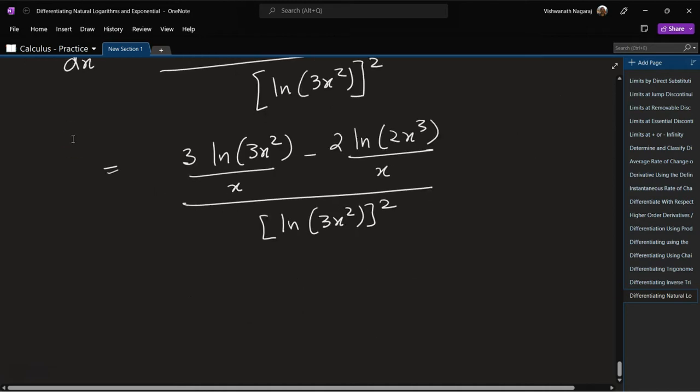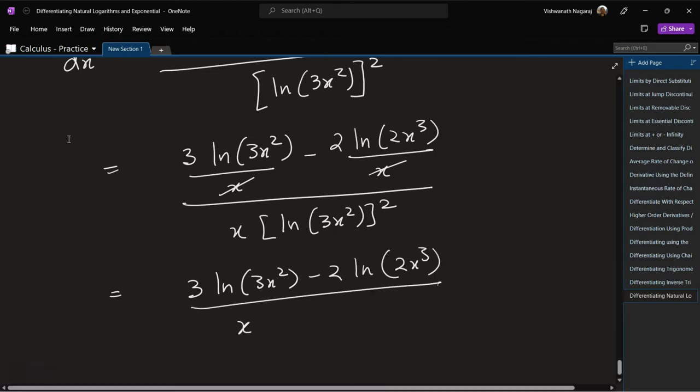Okay, now if you take LCM, that x will come down. So the derivative is 3 natural log of 3x square minus 2 natural log of 2x cube, by x times (natural log of 3x square) square.